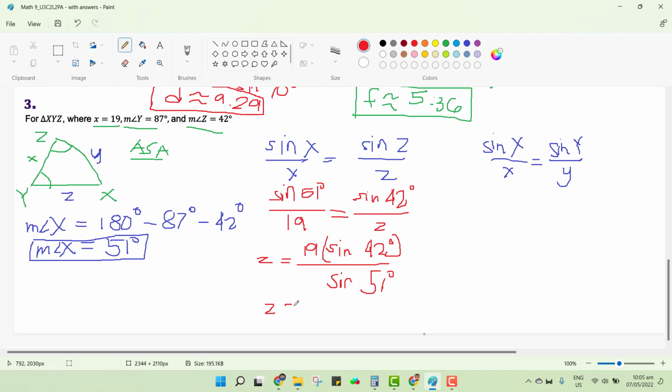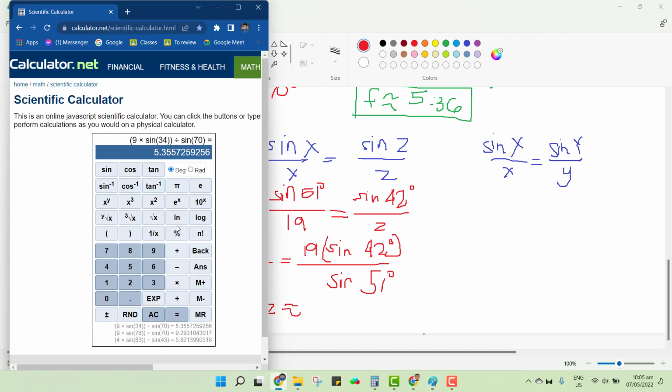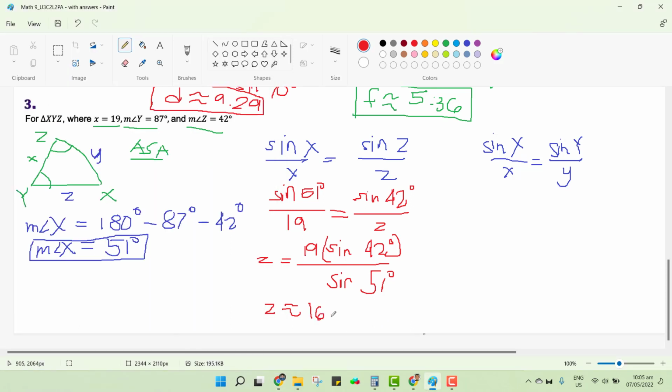And z is approximately 19 times sine 42, divided by sine 51 degrees. Equals, you will have 16.36. This is for side Z.